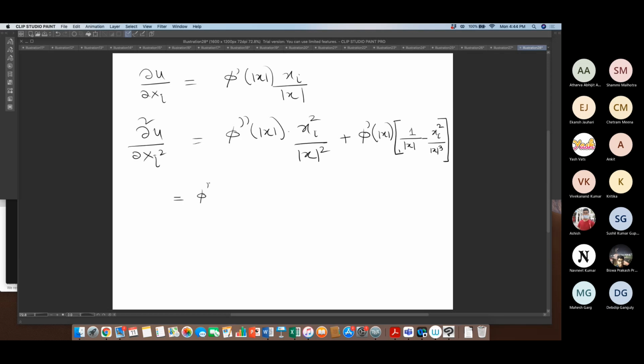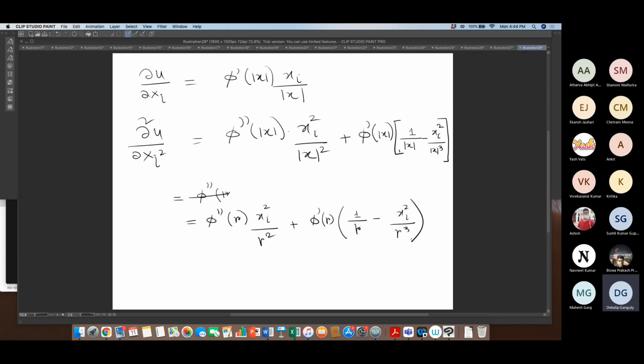With mod x equal to r, this is phi double prime of r xi square by r square plus phi prime of r times (1 by r minus xi square by r cube).